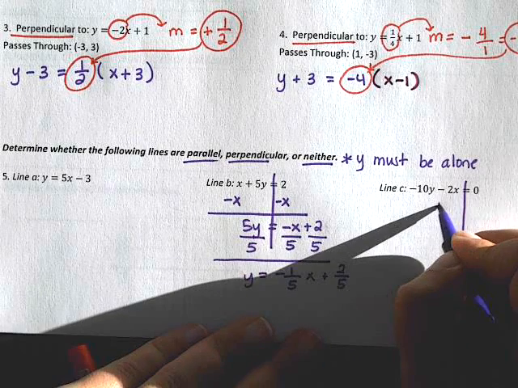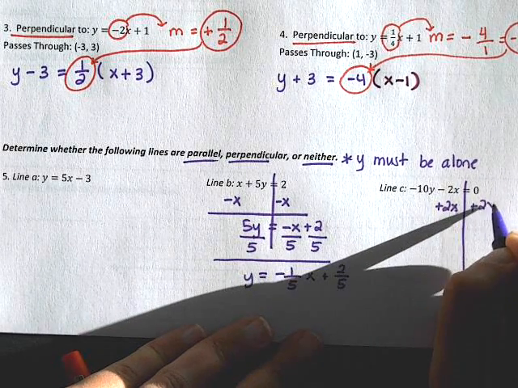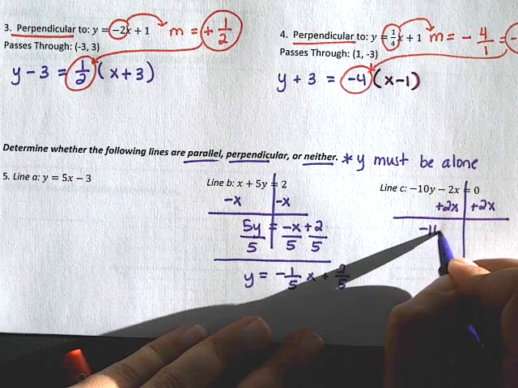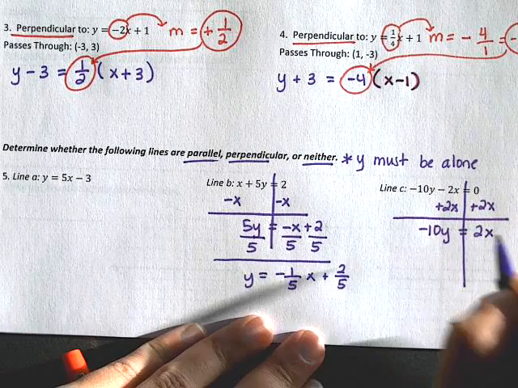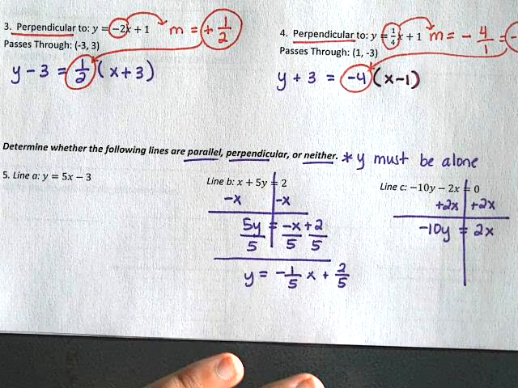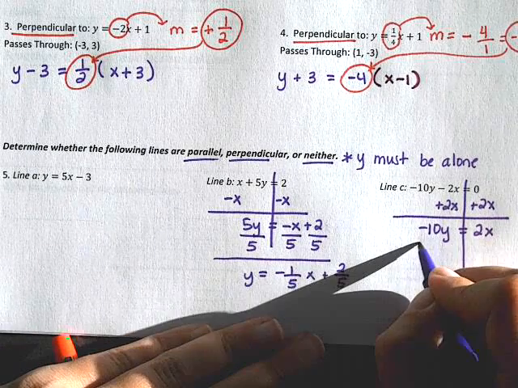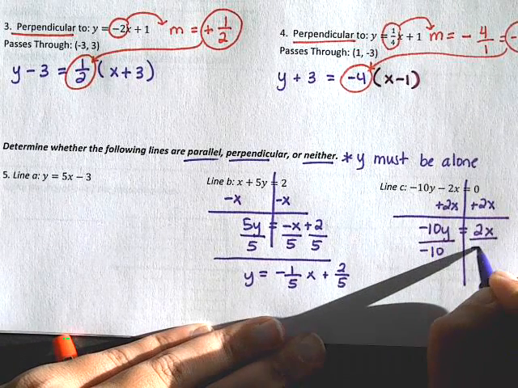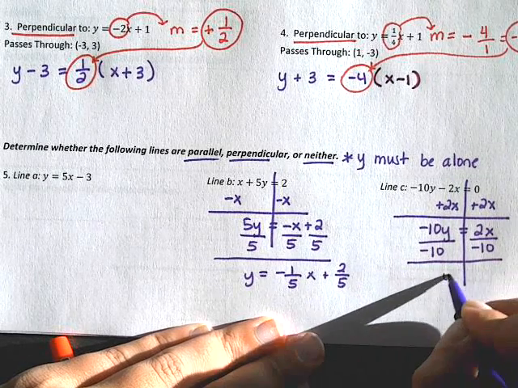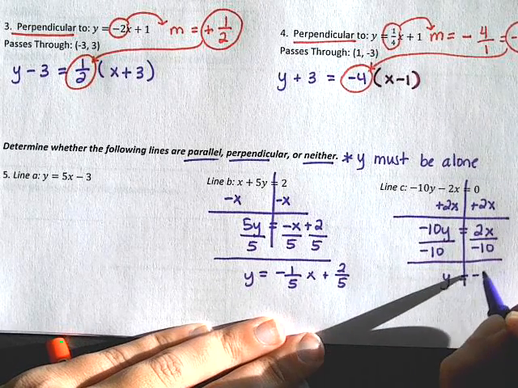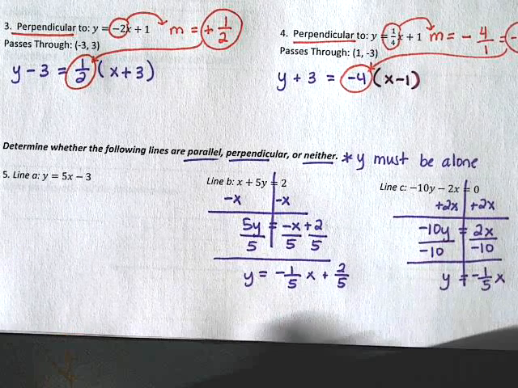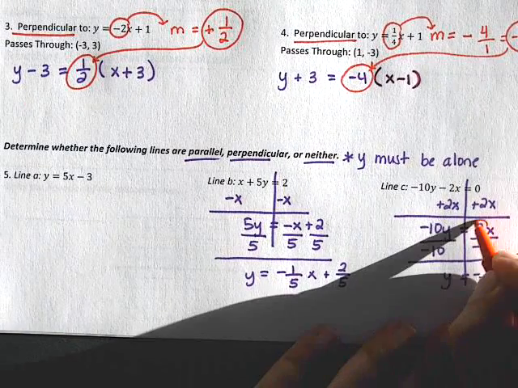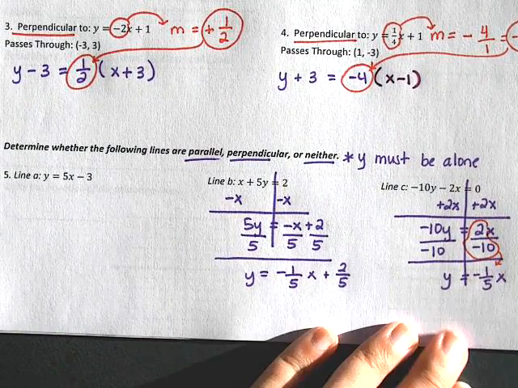We're going to add the 2x. Because there was a 0 there, I'm not going to write anything down except for the 2x because the 0 doesn't really change anything. Then I'm going to divide by -10. And I get y equals 2 divided by -10, which makes -1/5 x. So again, I'm just reducing this to get this.